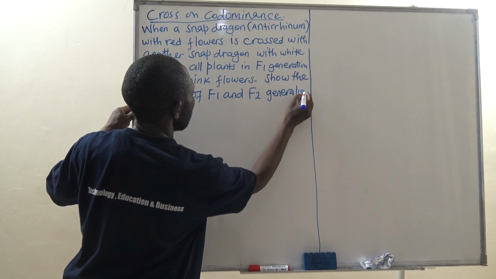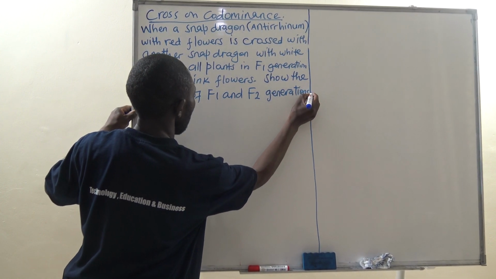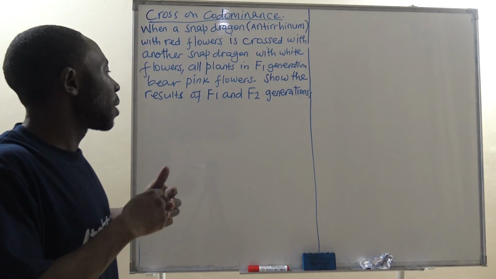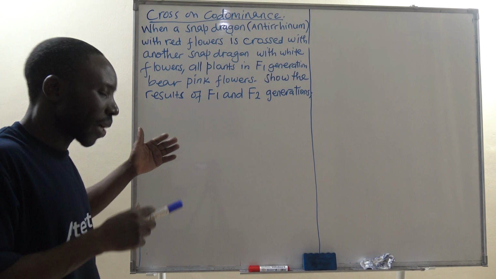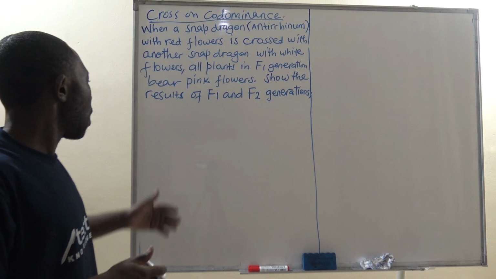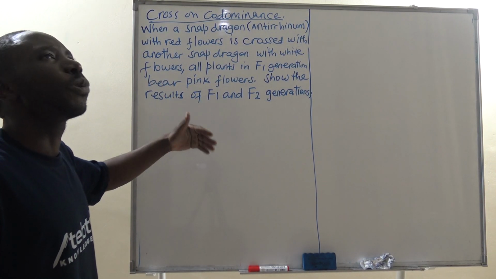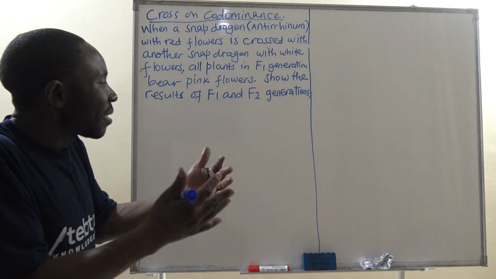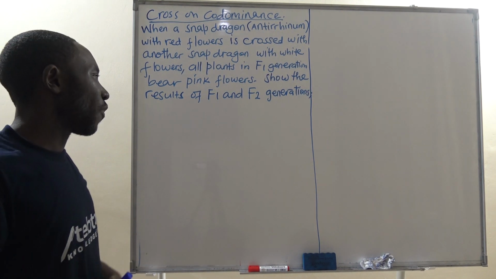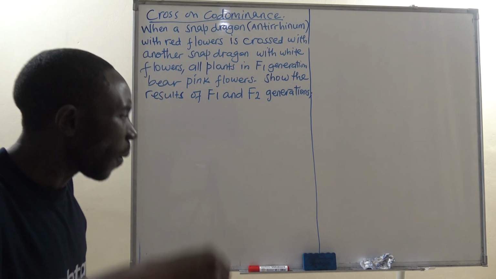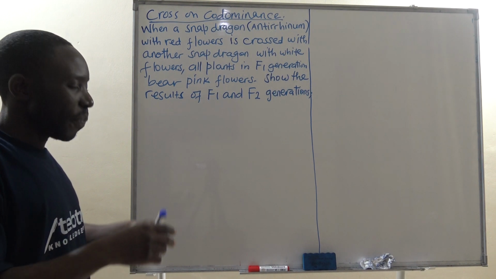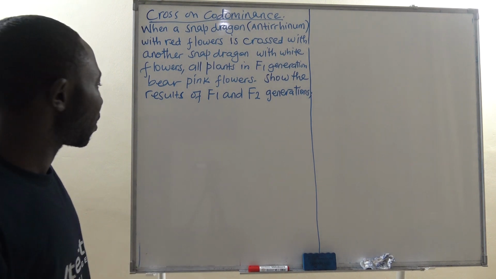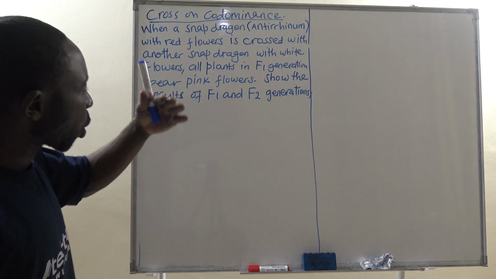First of all, when we are representing genes that determine characters which are codominant, we use uppercase letters, because there is no allele which is recessive and which is dominant. So we said the alleles are codominant.